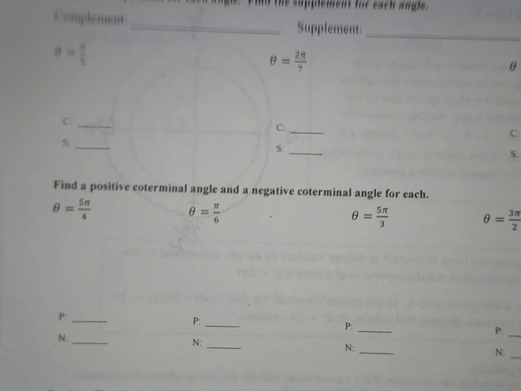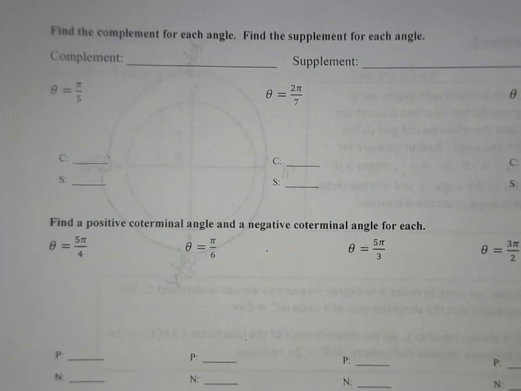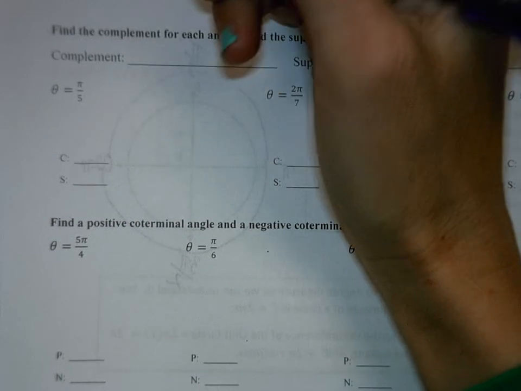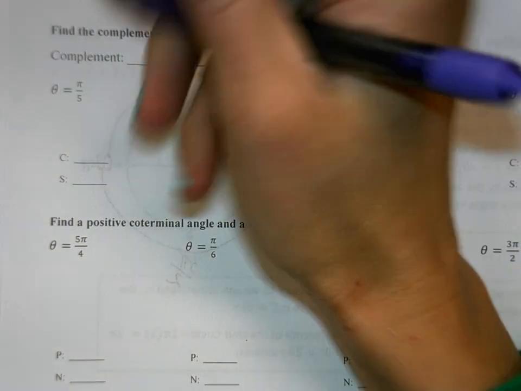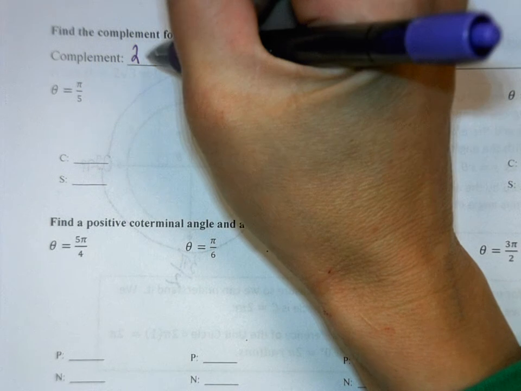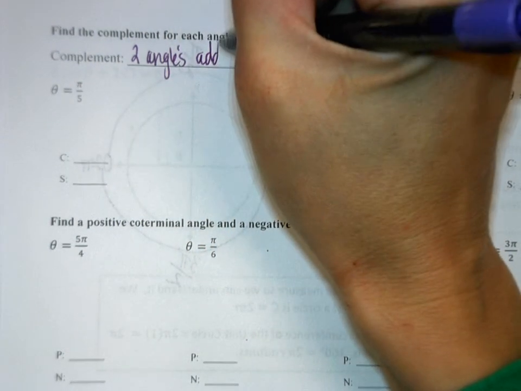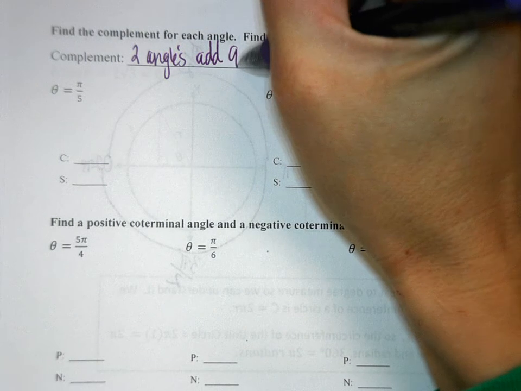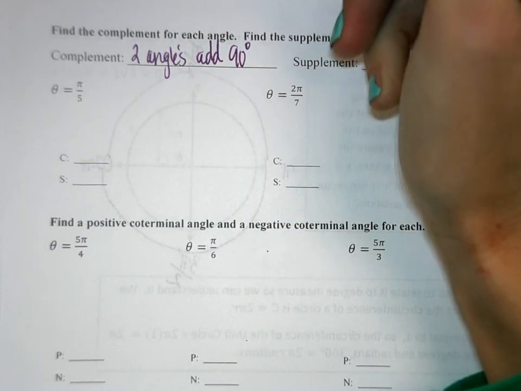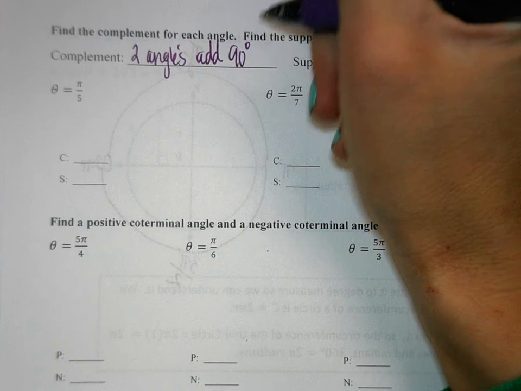All right, complement. Do you guys remember what complement means? What's the complement? Okay, so it's normally two angles add to be how much? 90 degrees. Well, if we're dealing with radians, 90 degrees is half of pi, or pi over 2.